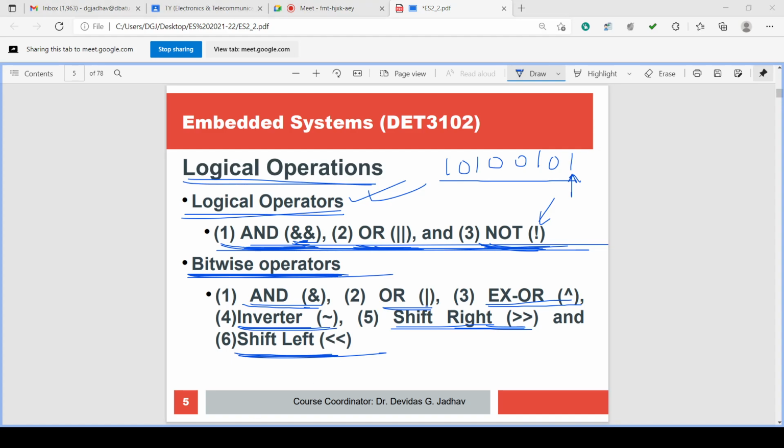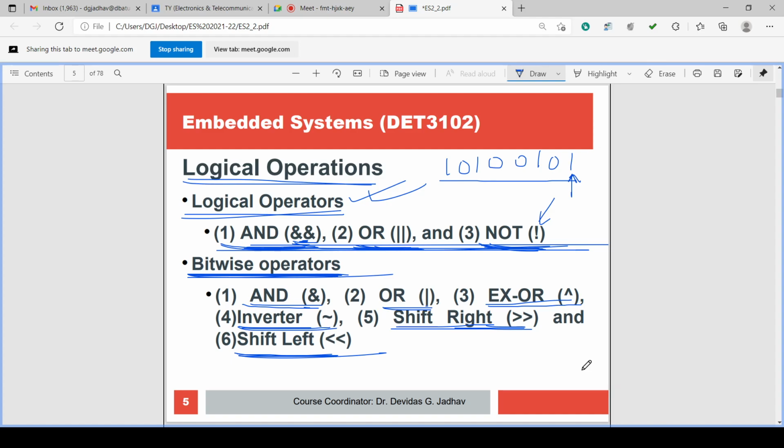So this is about the bitwise operators. What a bitwise operator does is operate on single bits. Instead of the logical operator double ampersand for AND, it is single ampersand for bitwise AND. In logical operation, double vertical lines are for OR, while in bitwise operation it is a single vertical line.